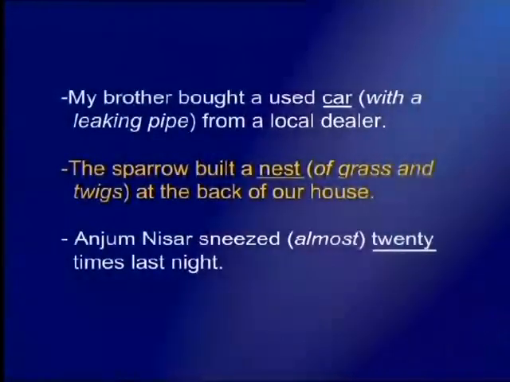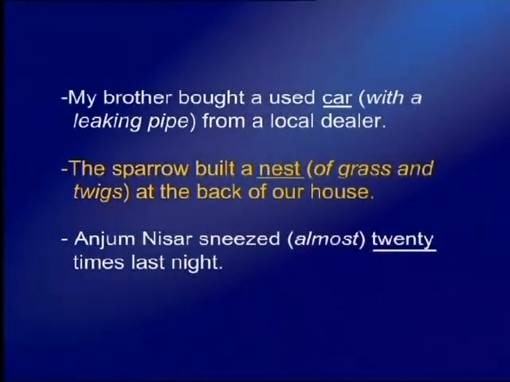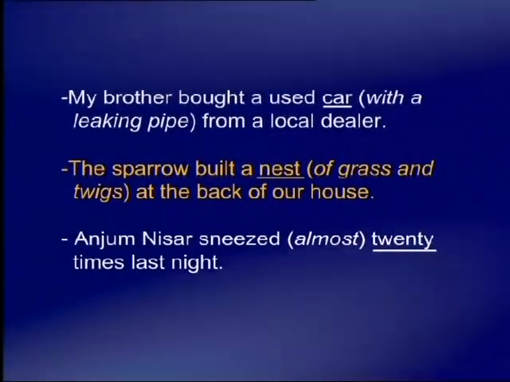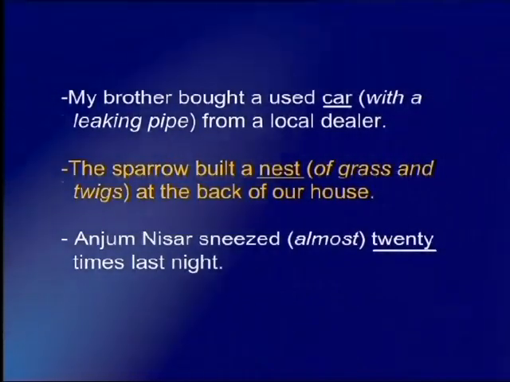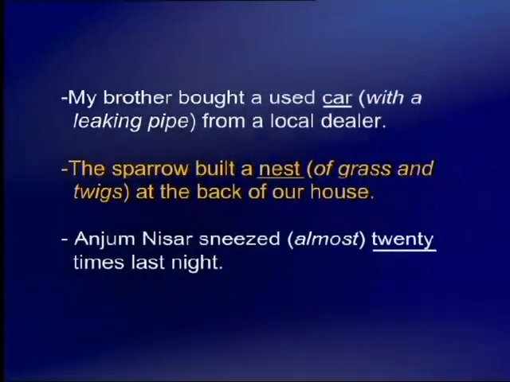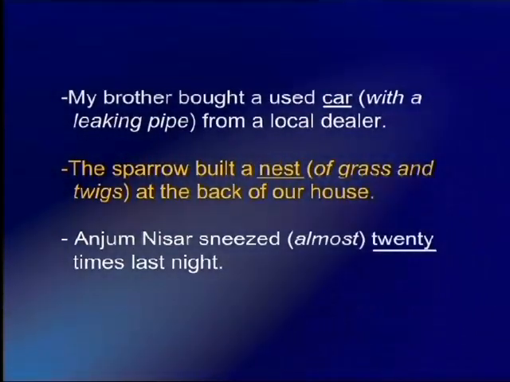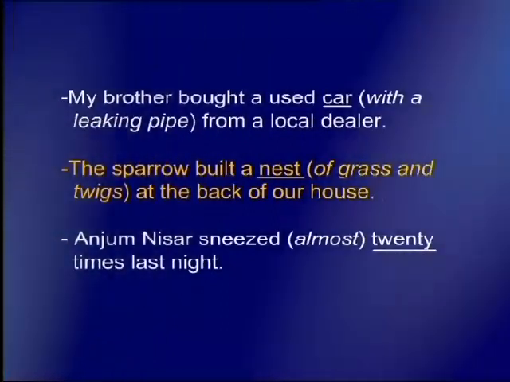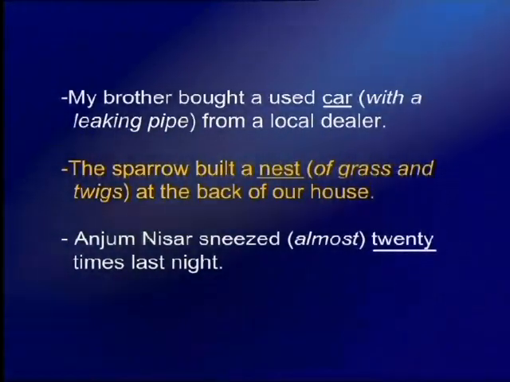Now look at the corrected versions of these sentences. My brother bought a used car with a leaking pipe from a local dealer. The sparrow built a nest of grass and twigs at the back of our house. And the third one, Anjum Nisar sneezed almost 20 times last night.